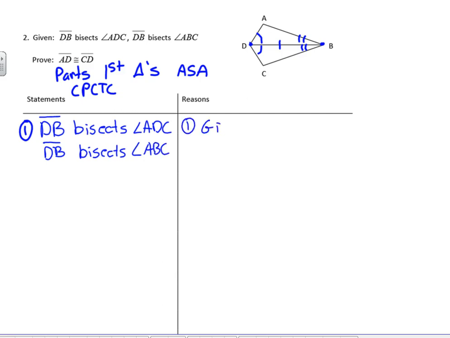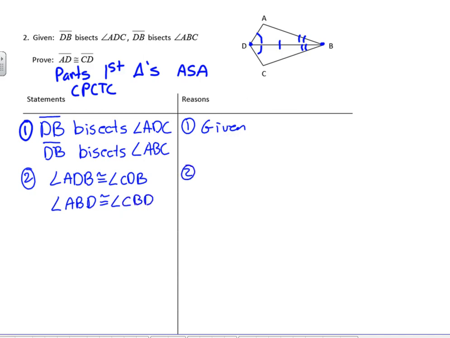Now some people might number those angles. I'm just going to write them out as letters, and we can do these both in the same step because the reason is going to be the same. So angle ADB is congruent to angle CDB, and angle ABD is congruent to angle CBD.